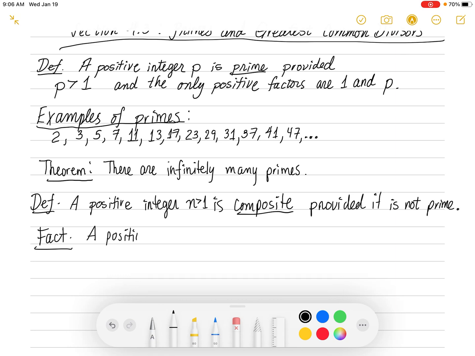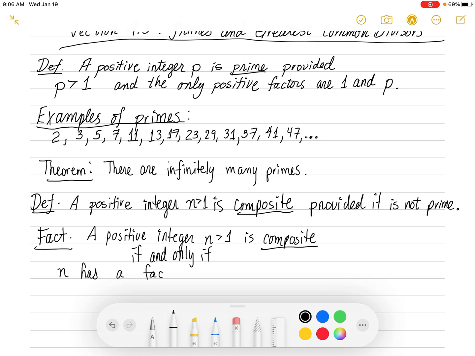A positive integer n that's greater than 1 is composite precisely when, that we'll say if and only if, that means precisely when n has a factor, let's call the factor A, with A greater than 1 and less than n.